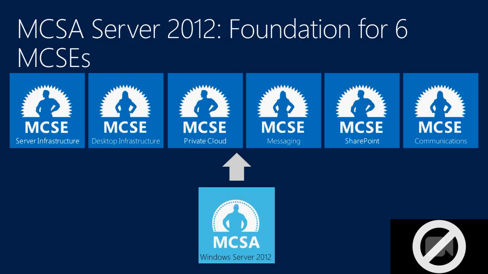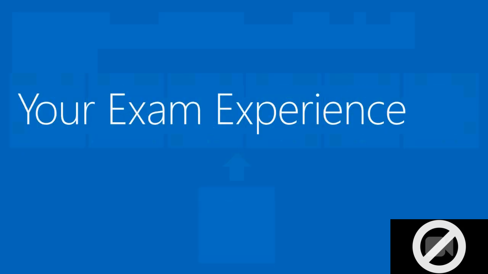Now it's up to you. Based on that, we will proceed. In our session, we will focus on the server infrastructure part along with the messaging part. So this is the basic overview of your certification path, where you can start your journey from today onwards.